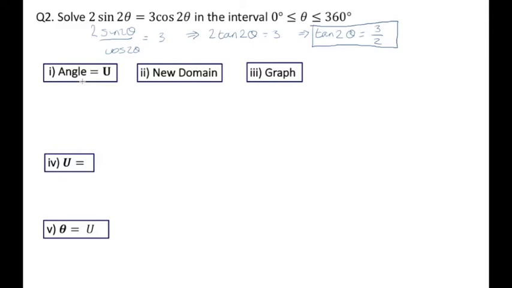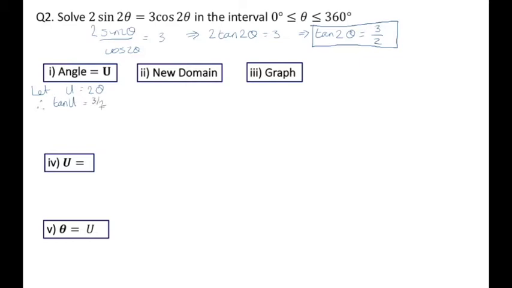So the first step is to let our angle equal u. So we're going to let u equal 2 theta. Therefore, we have tan of u equals 3 over 2.